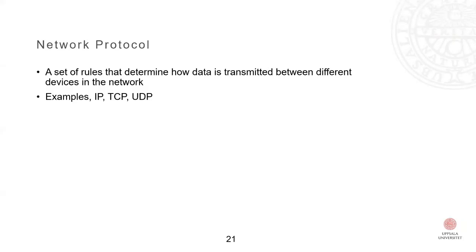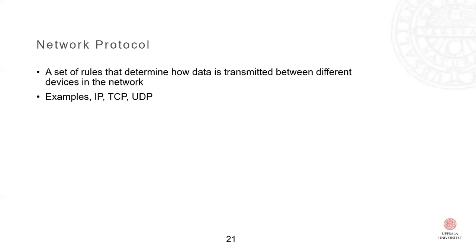So let's review what a network protocol is. A network protocol like IP, or other ones that we have seen so far in this lecture, is a set of rules that determine how data is transmitted between different devices in the network. It determines how different devices, different nodes in the network, communicate with each other.